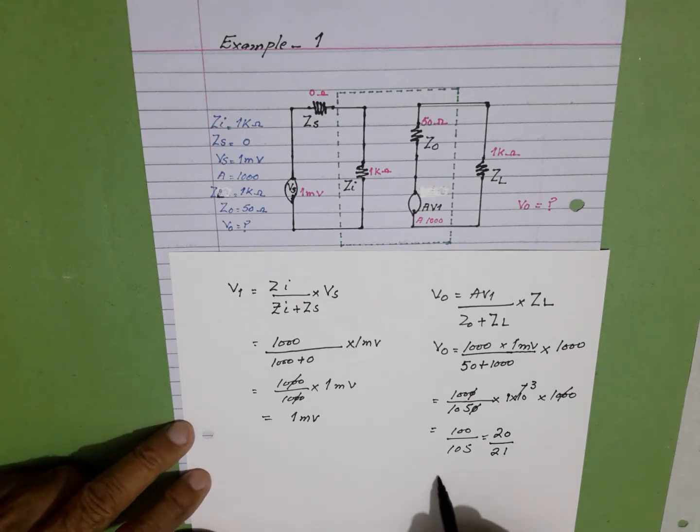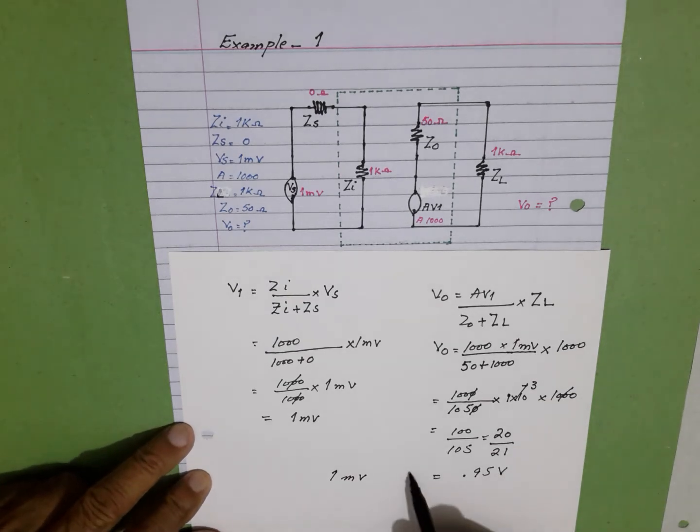This is nothing but 0.95 volt. On this side we are giving 1 millivolt, and in the output we get 0.95 volt.